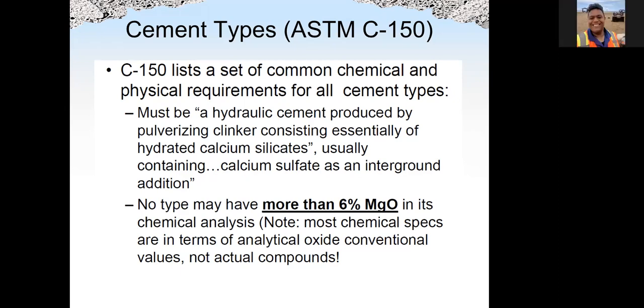C150 lists common chemical and physical requirements for the different types of cement. It must be a hydraulic cement, including mostly hydrated calcium silicate, which means C3S and C2S, as we discussed a moment ago. There are also some limitations, for example less than 6% of magnesium oxide, because too much of that will cause concrete to crack.